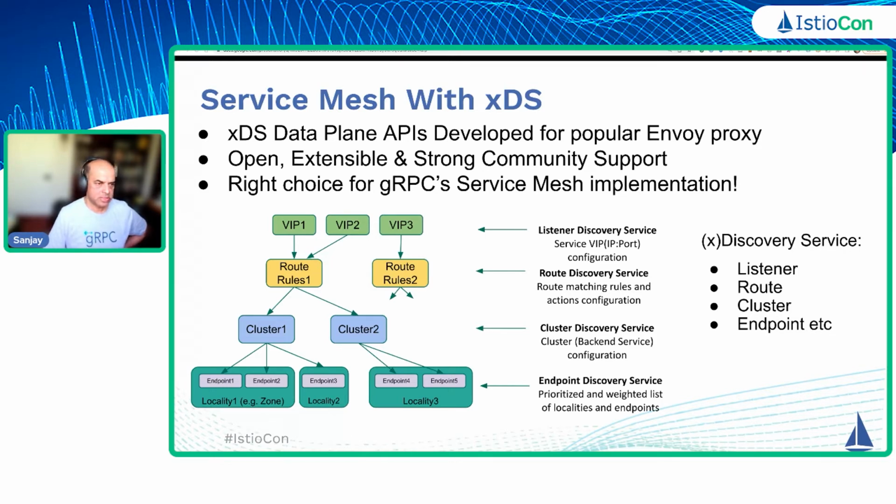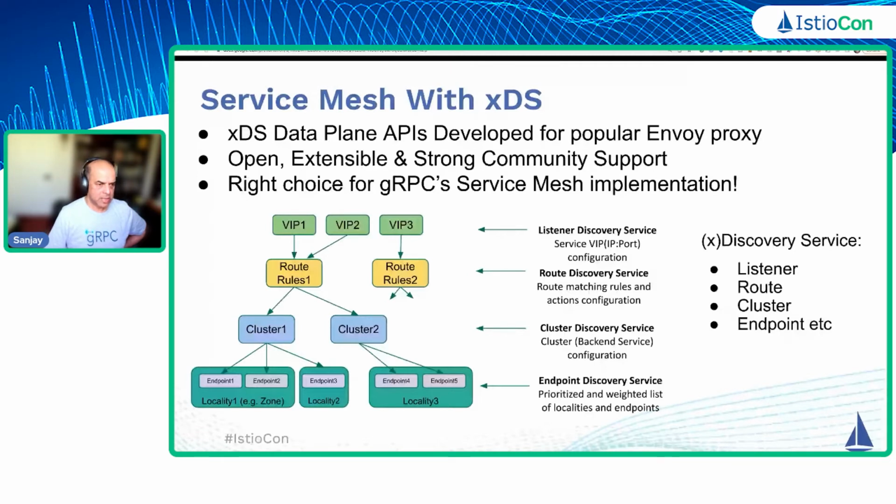For example, CDS for discovery of clusters, RDS for discovery of routes, and LDS for discovery of listeners, etc. XDS was developed for Envoy, but it is quite open and extensible for any kind of a service mesh.